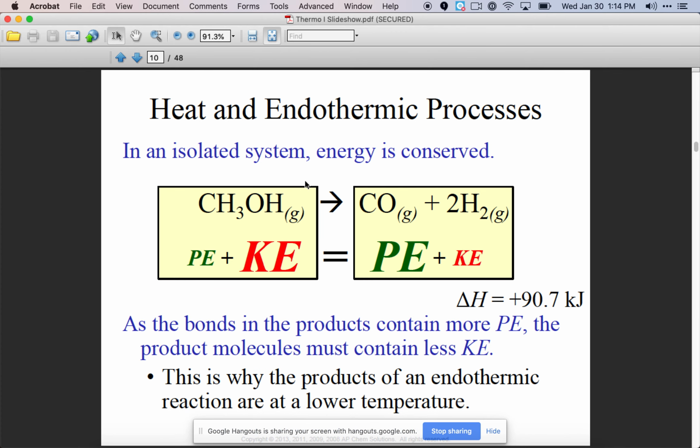Okay, so this was just helping us understand the difference between kinetic energy and potential energy. So the plus delta H symbol means what, people? I mean, endothermic. Yay, right. And what did I show you guys that was endothermic the other day?